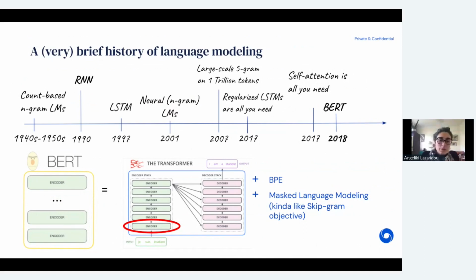Byte pair encoding, so BPE, that is not modeling words as words anymore, but modeling words based on subword units, which again allows us to model whole words even if we haven't seen them before as a whole. And also masked language modeling as a training loss. If you have heard about word2vec, this seems similar to the skip-gram objective of word2vec.